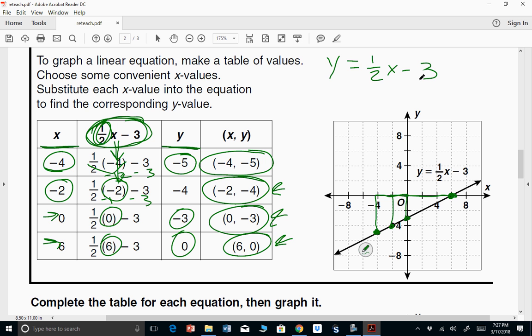Notice that this particular graph is marked off so that each line adds 2, and that can sometimes be confusing. You need to pay attention to that. So then you connect these points, and they should indeed be in a straight line, and you put an arrow on each end, and write the equation in there, and you have graphed a linear equation.